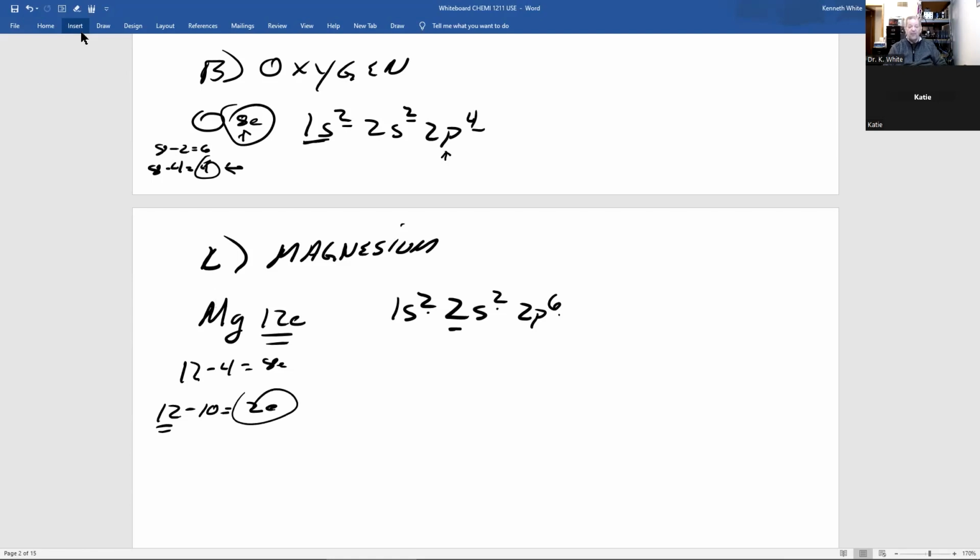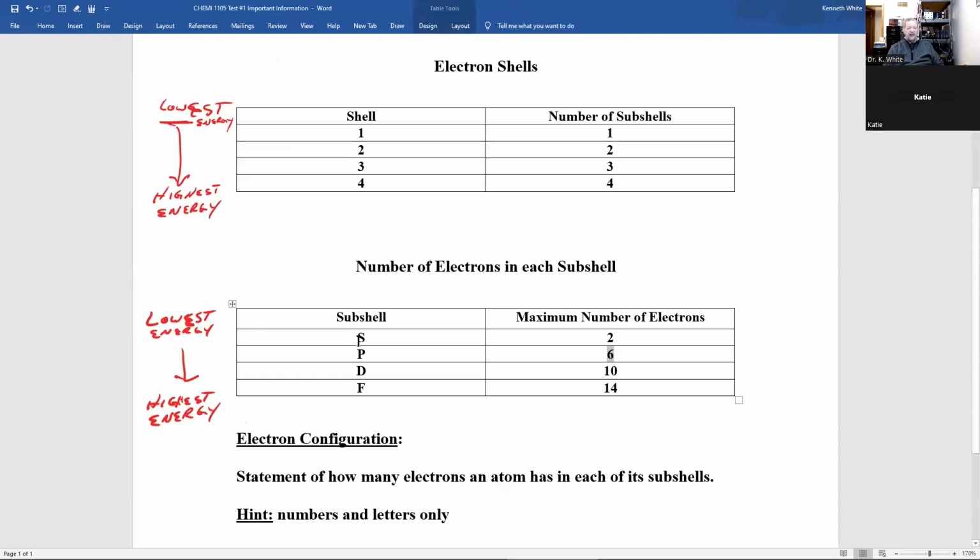What do I do? Well, shell 2 has only 2 subshells, and those subshells are 2s, in which I put 2 electrons, and 2p, in which I can put 6 electrons. So I filled up all the subshells in shell 2. That means I now have to go down the table to the next lowest energy, shell 3.